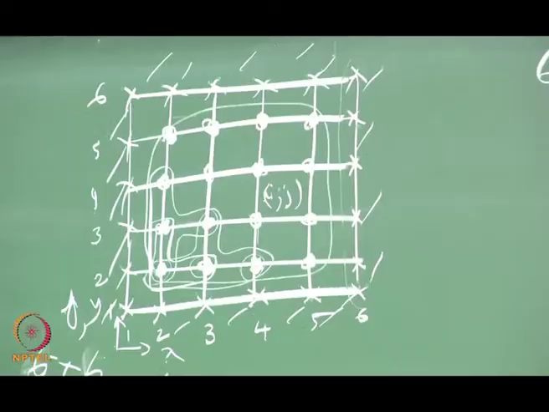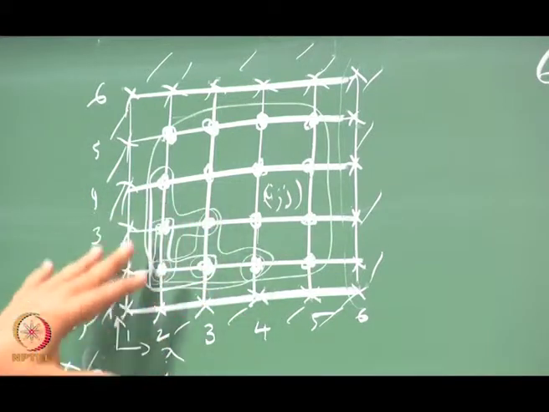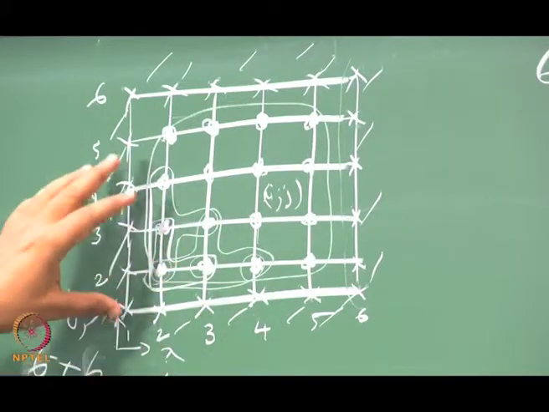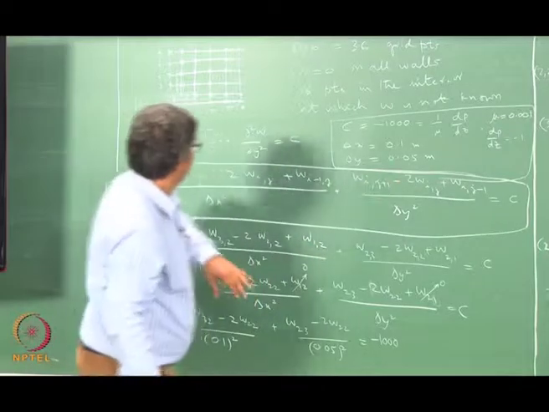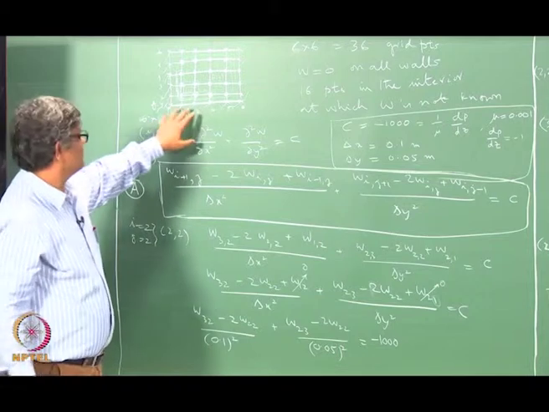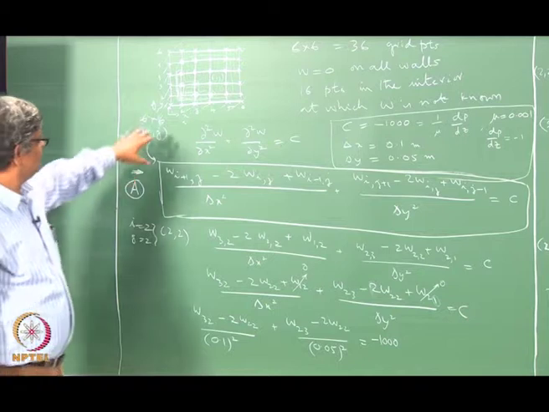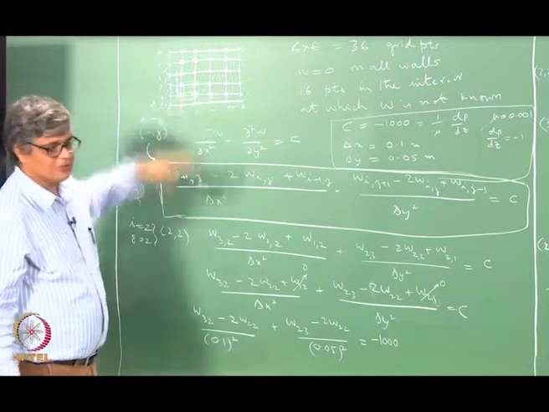So, we can see that at every point we are involving the immediate neighboring points in our equation, and where the immediate points are on the wall, we know the velocities, so we can substitute them and they do not appear in the equation. But if they are not along the wall, then they are included in the equation.